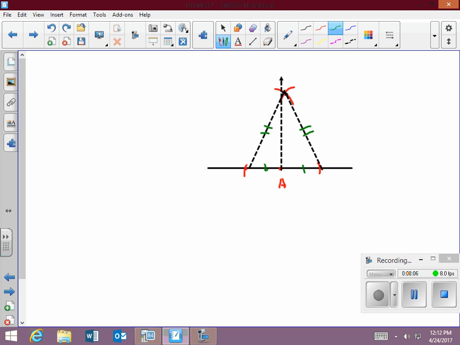If we letter that off B, C, D, then we've gotten AB congruent to AD, and that's by construction.